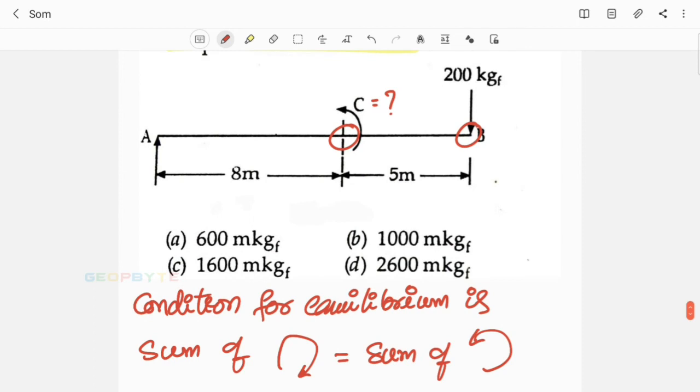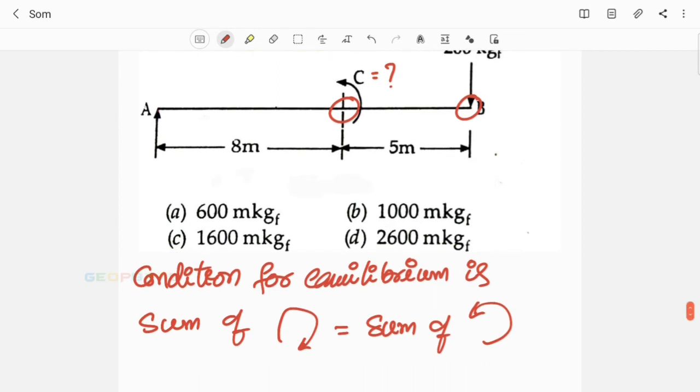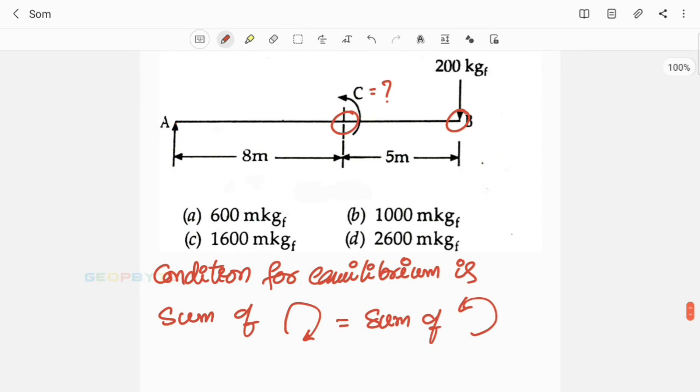Now look at the moments. This couple itself is a moment. This couple is acting in the anti-clockwise direction with respect to A. With respect to A, the couple is having the anti-clockwise moments.